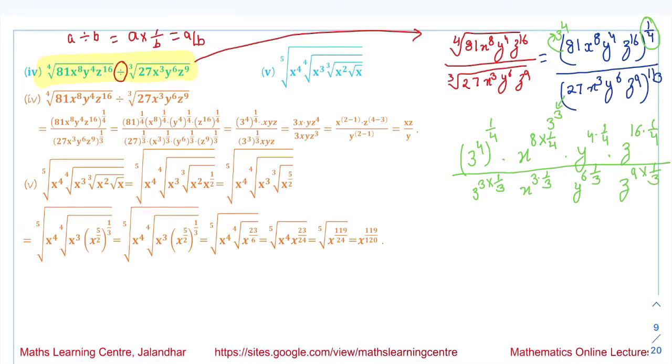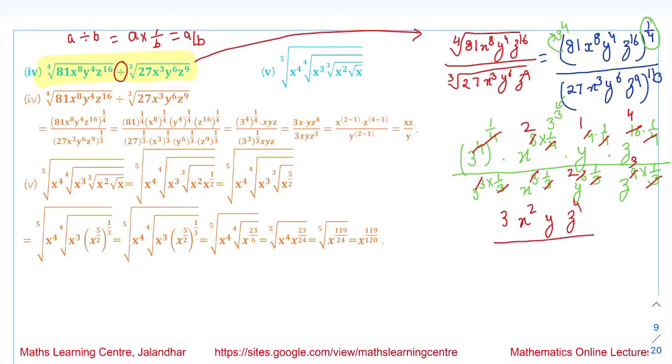So when you solve these values, this 4 gets cancelled, it is left 2, this is 1, this is 4, this 3 gets cancelled, 3 gets cancelled, this is 2 and this is 3. So the final answer that you will get is 3x square, next it is y, and next it is z raised to the power 4.